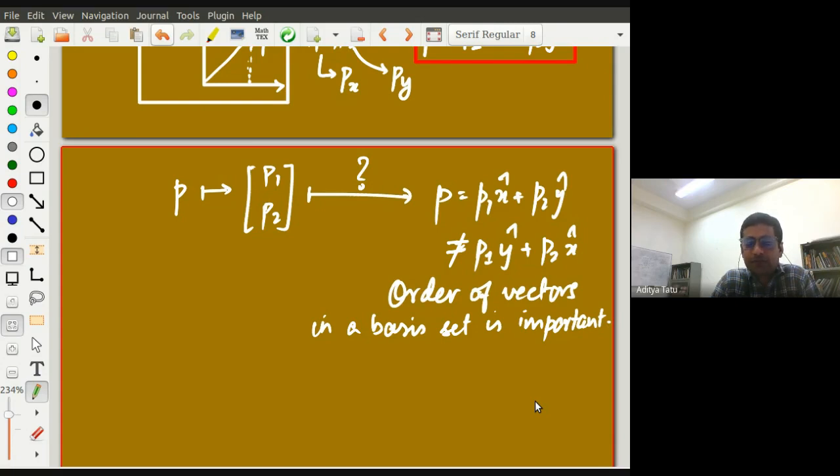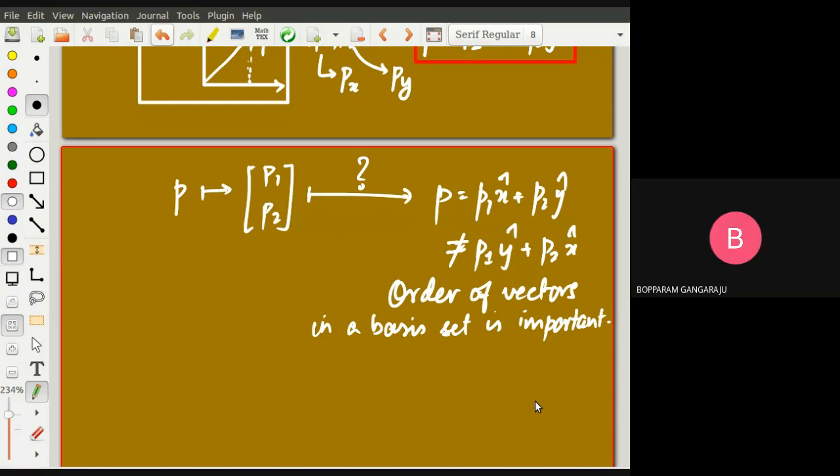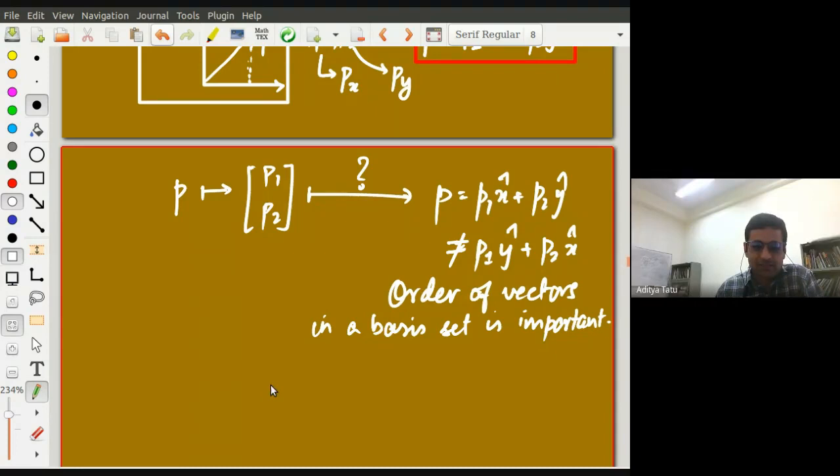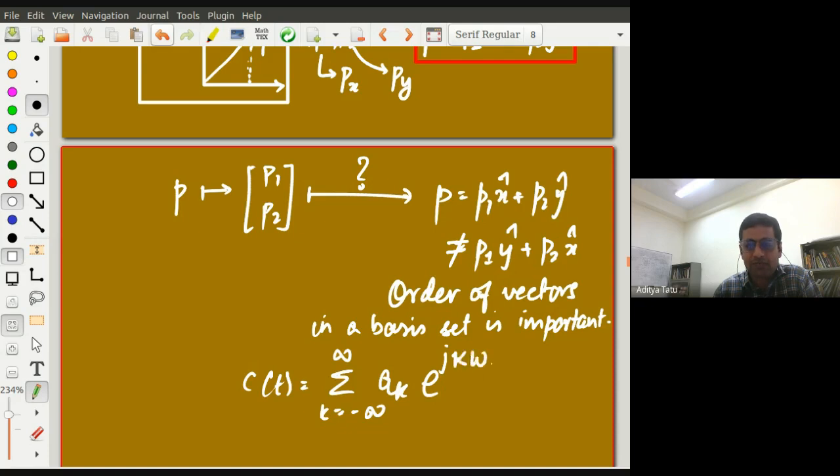I don't know if you have used a different notation. We use AK, okay, so that is the notation. So x of t is the summation, k going from minus infinity to infinity, of AK e to the power j k omega 0 t, right?